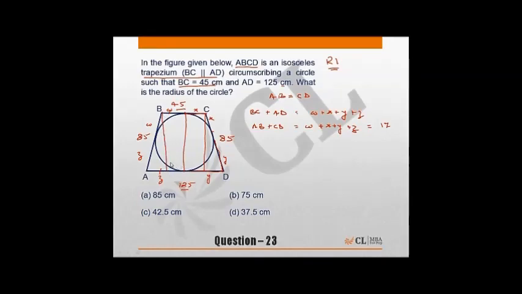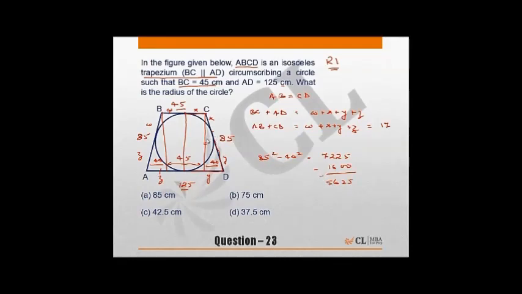So since this is 45, even this will be 45, and this will be 40, and this will be again 40. So to find the perpendicular, this is what we need to find. This should be nothing but 85 square minus 40 square. 85 square is 8 9 is 72, 7225, 40 square is 1600, which is 5625.